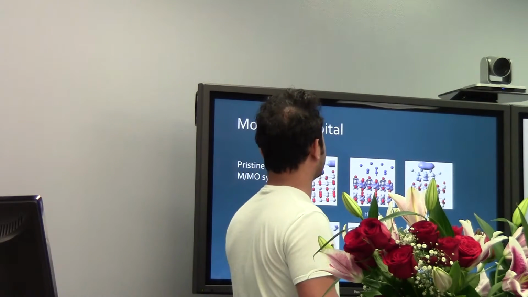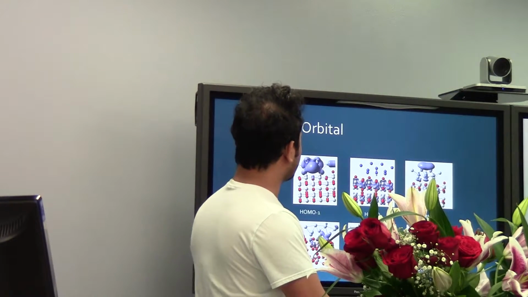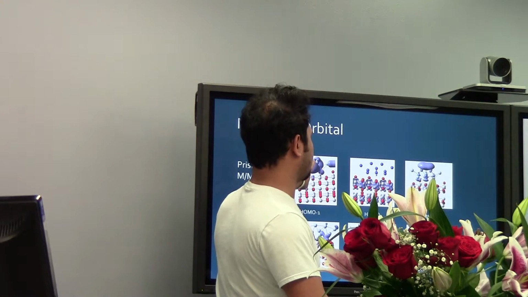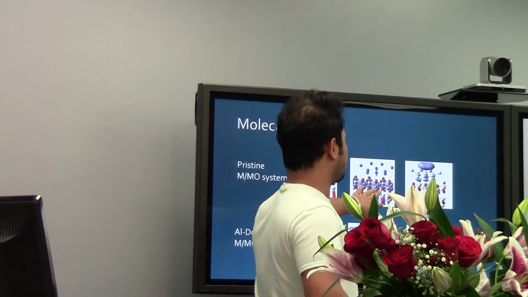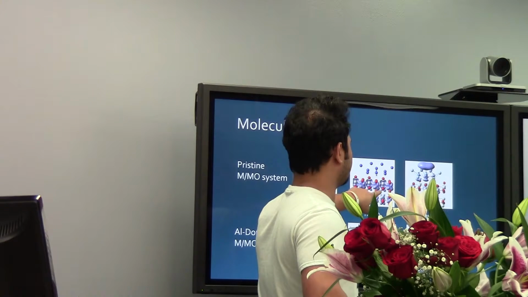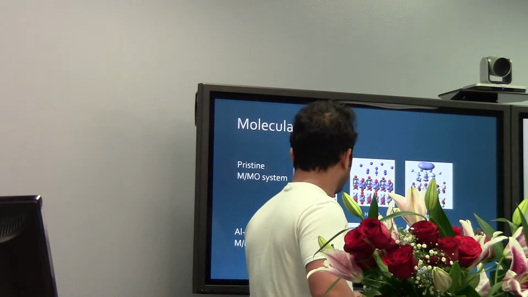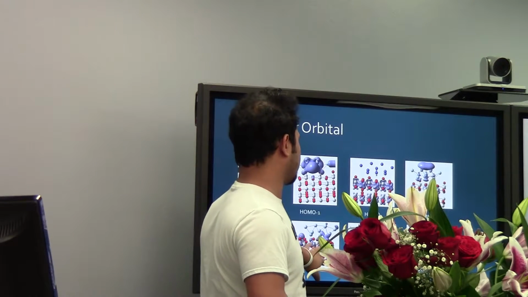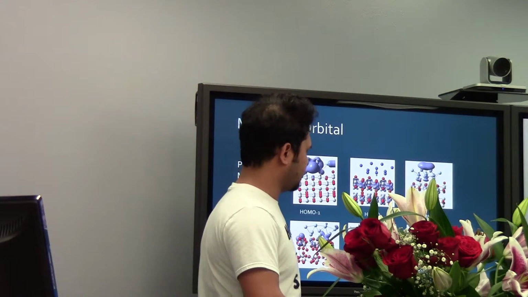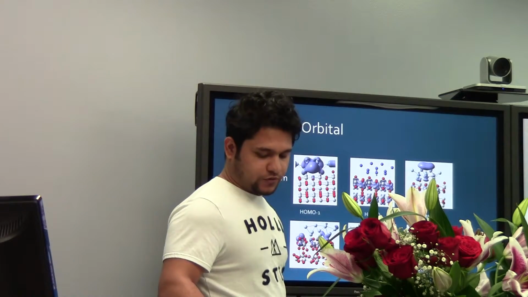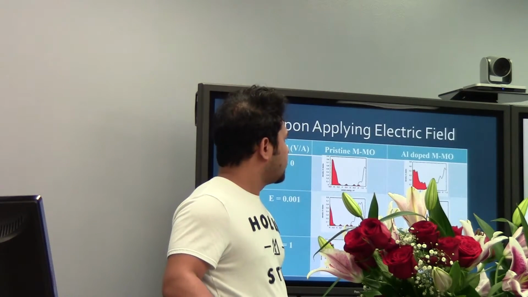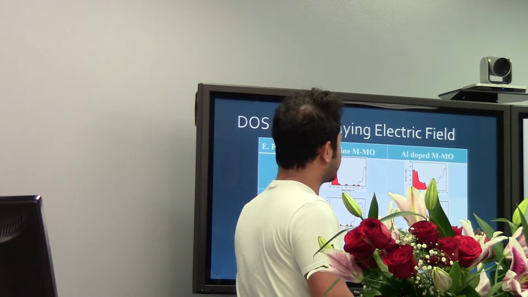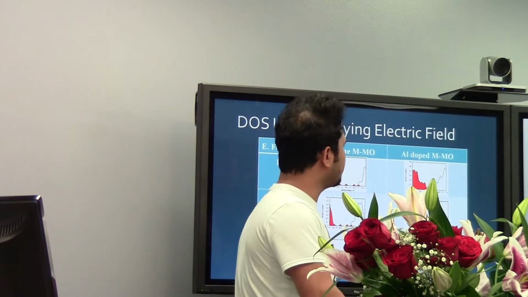This is just an orbital view of the two previous systems. As shown in the previous slide, the electrons are almost localized on the metal part, and the LUMO is on the metal part with the oxide layer. But in the doped system, the electrons are localized on the metal part also. This is another presentation of the previous slide, showing the density of states, this one for the pristine and this one for the metal-doped system.